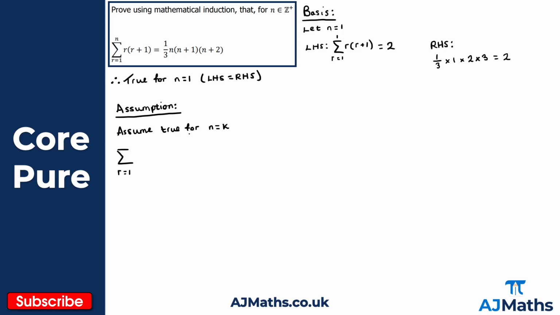It's normally n, but remember n is equal to k now. Well, that's what we're assuming is true anyway. So from 1 to k of r times r plus 1, and that is equal then to a third k. I've got n plus 1 here, so that's going to be k plus 1, and that would be k plus 2. I've got a third k times k plus 1 times k plus 2. Okay. So that's my assumption step complete. We can't do anything further with that. Now we move on to step 3, the inductive step.